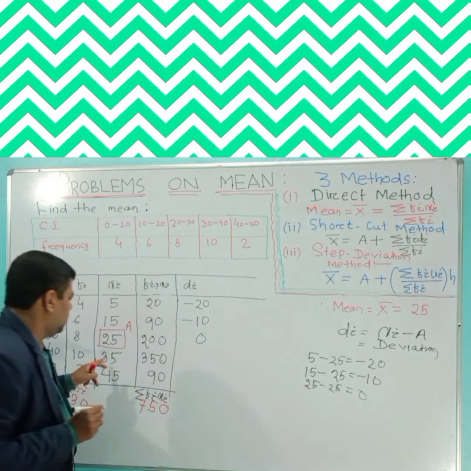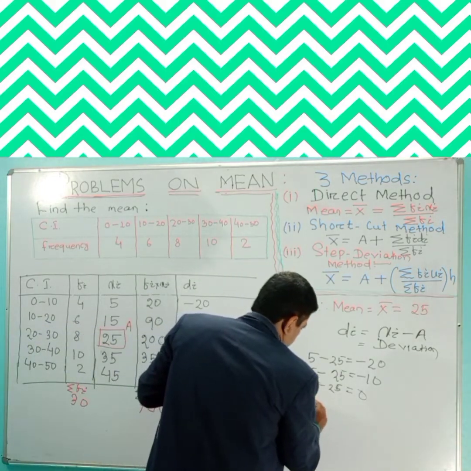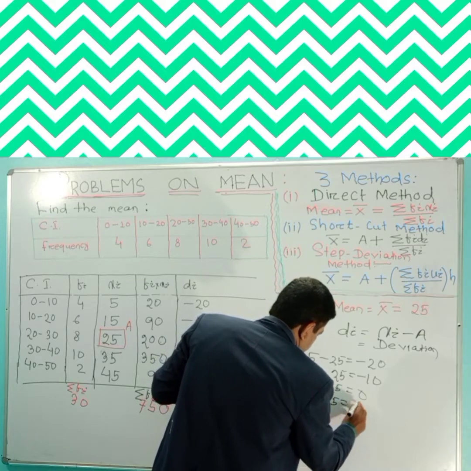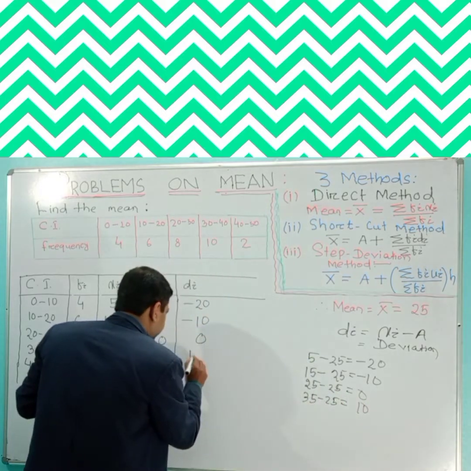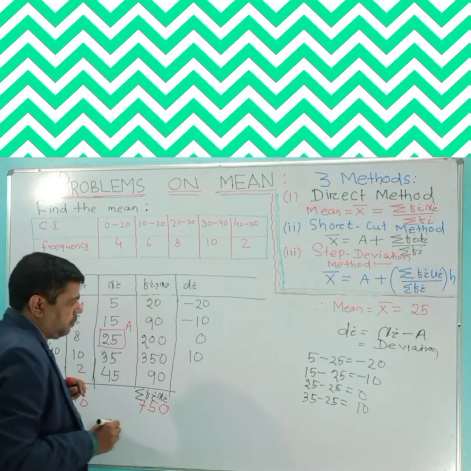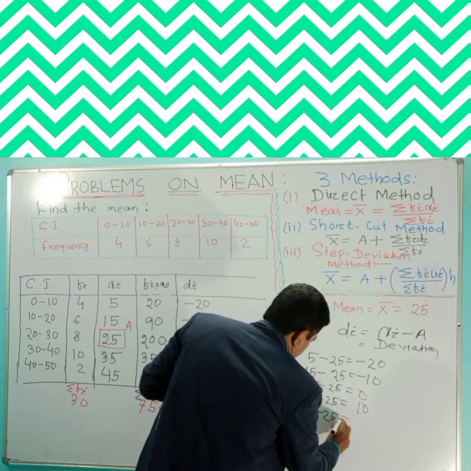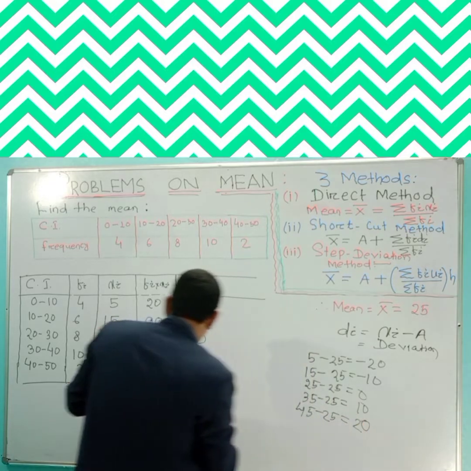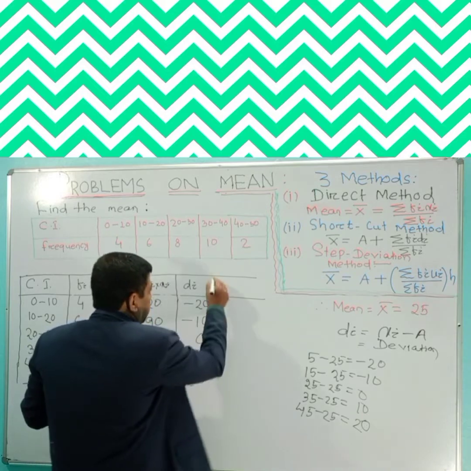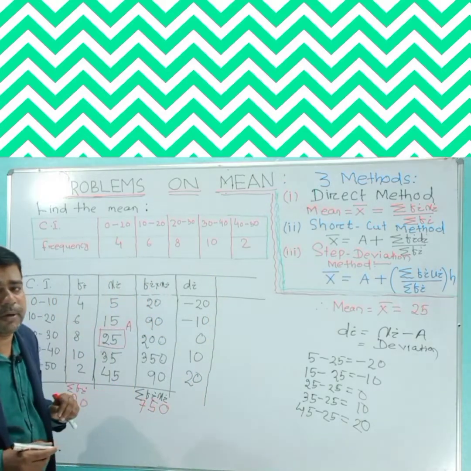Class mark 35 minus 25, how much? 10. Write down 10. Then 45 minus 25 is 20. This is how you can find out the deviation. Is it clear?